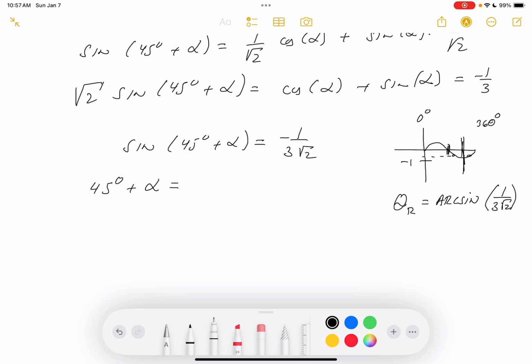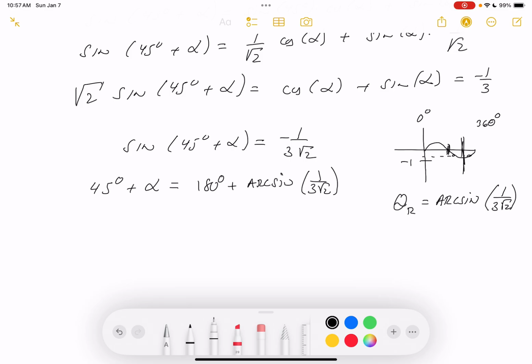What's that going to be? It's going to be 180 degrees, and then I got to get that reference angle, add on to it. And what's that going to be? Arc sine of 1 over 3 root 2.